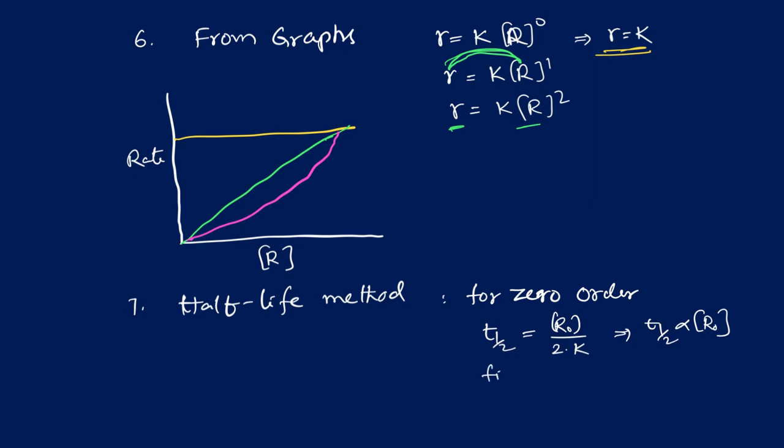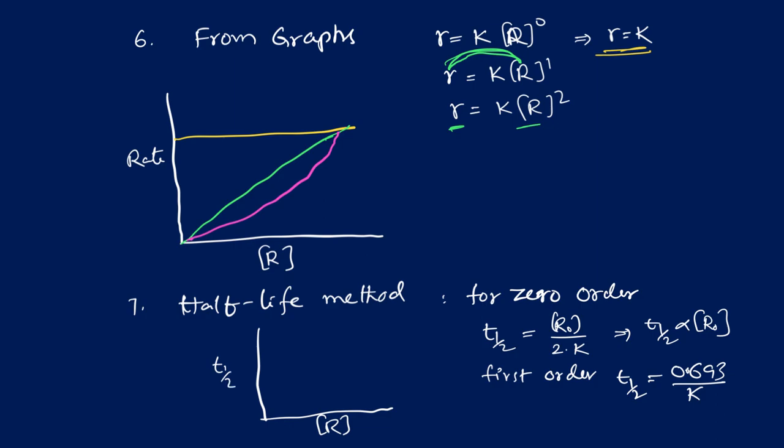Next, first order reaction. First order reaction formula: T half is equal to 0.693 divided by K. Taking graph for these, I can draw this is R reactant concentration and T half. The first one taken is directly proportional, therefore a straight line.